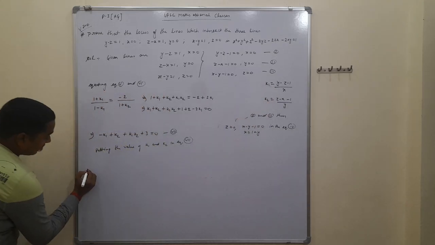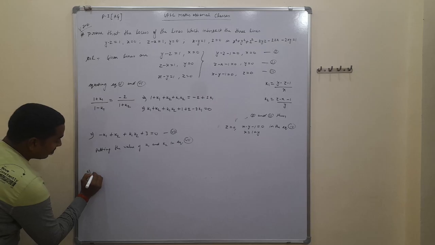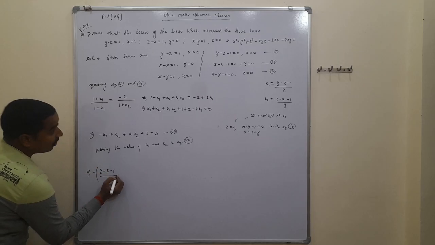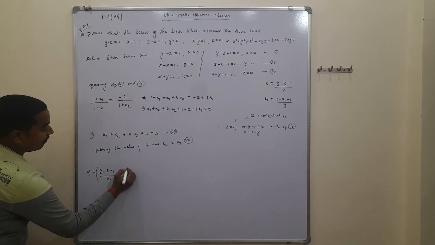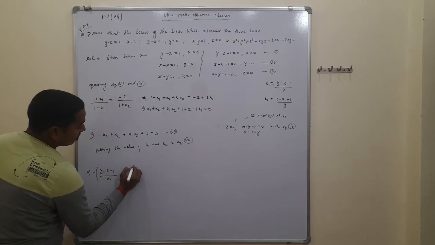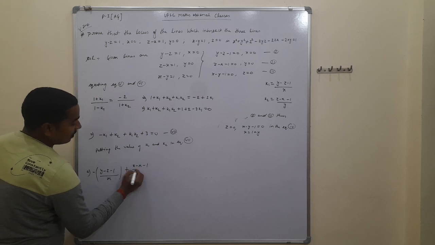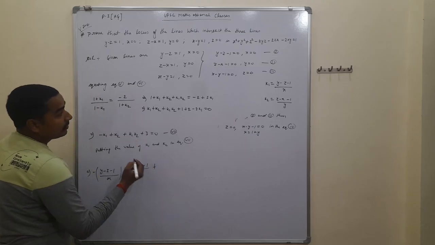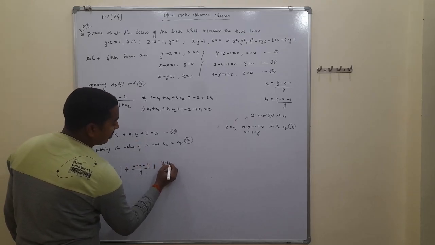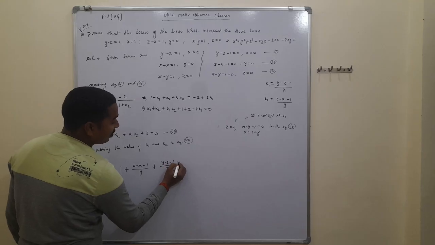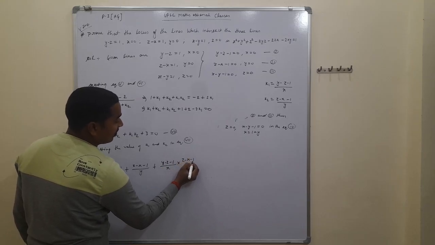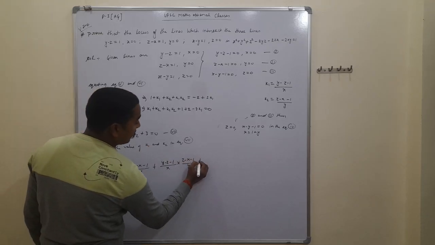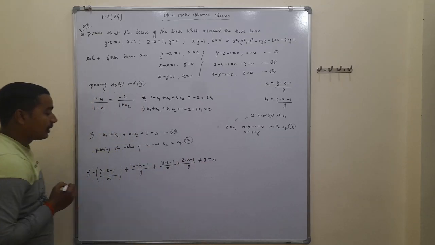We have to put here the value of k1, which is y minus of z minus of 1 upon x, plus the value of k2, which is z minus of x minus of 1 upon y, and plus of y minus of z minus of 1 upon x into z minus of x minus of 1 upon y, and plus of 3 is equal to 0. Further we have to simplify.